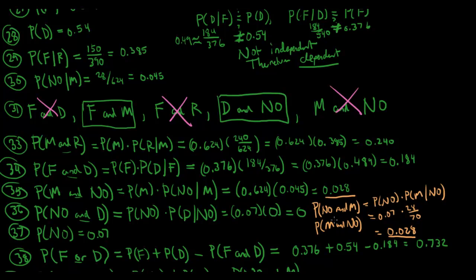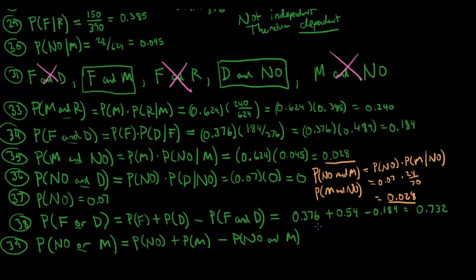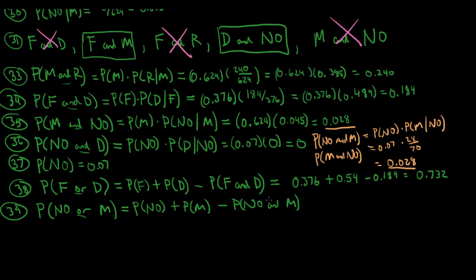Now, I don't want to say that's true always, but for what we're doing here, that'll be fine. Going down here, I've already gotten both of them now. The probability of no and male, and the probability of male and no, those are the same thing, both 0.028. Now, let me change back to the green for us.